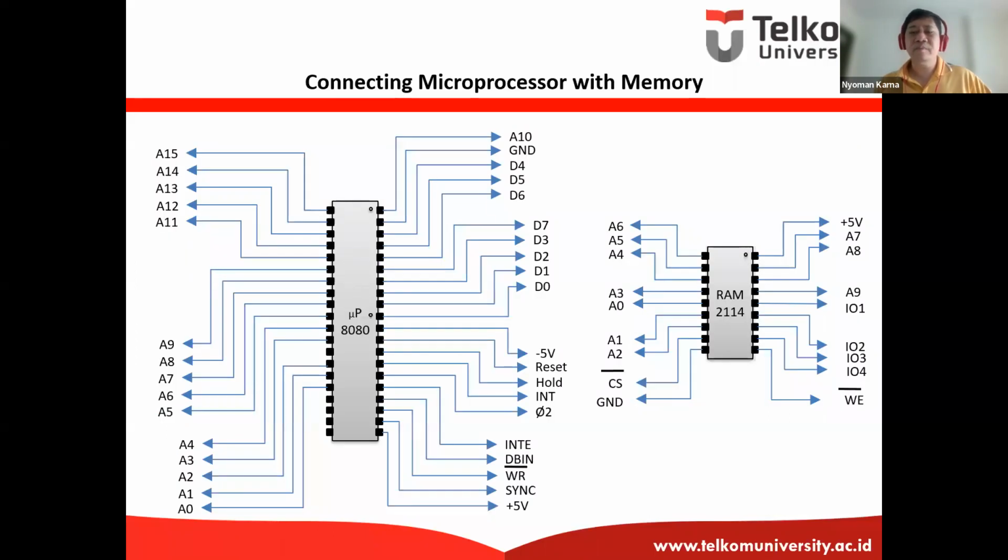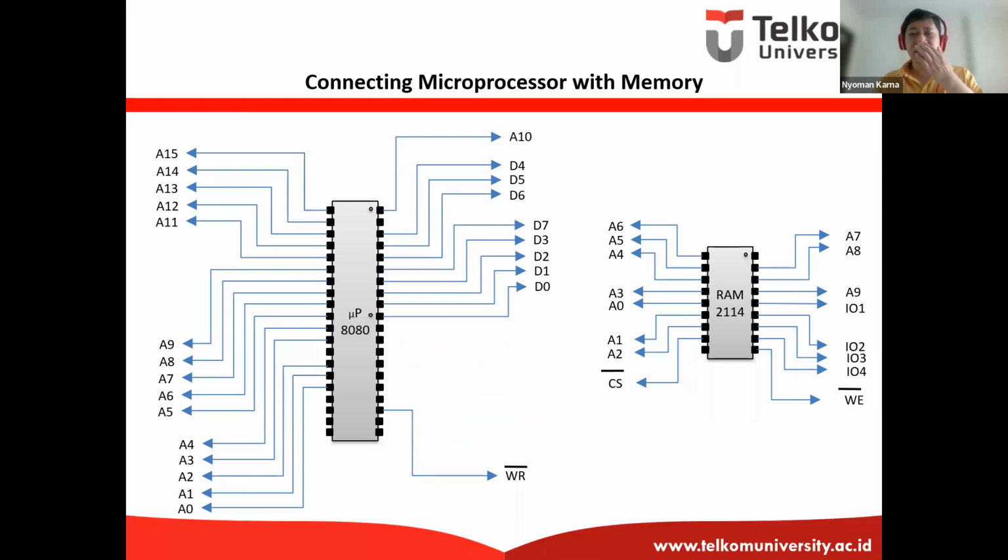Now, let's move on. This is how we connect a microprocessor with the memory. This is the 8080 with the RAM 2114. We just removed all the lines that will not be used in this animation. So we just need the address bus, data bus, and also the control bus.